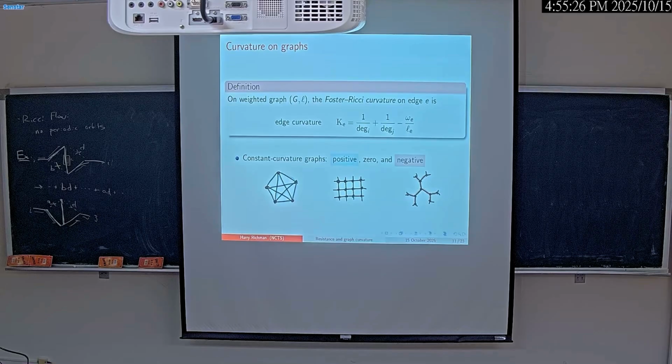Further out in the graph, in general, I'd expect there are other paths that go from this endpoint all the way to the other endpoint that can avoid the edge. If there are no other paths to get from this side to that side that don't go through the edge, this formula will simplify.